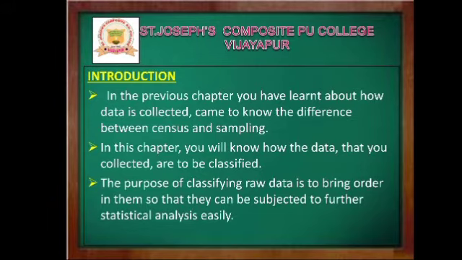Now this chapter completely reveals how the data that is collected is to be classified, because only collecting the data is not sufficient for statistical analysis. Once we collect the data, definitely we need to classify it, otherwise it is very difficult to handle the statistical aspects.